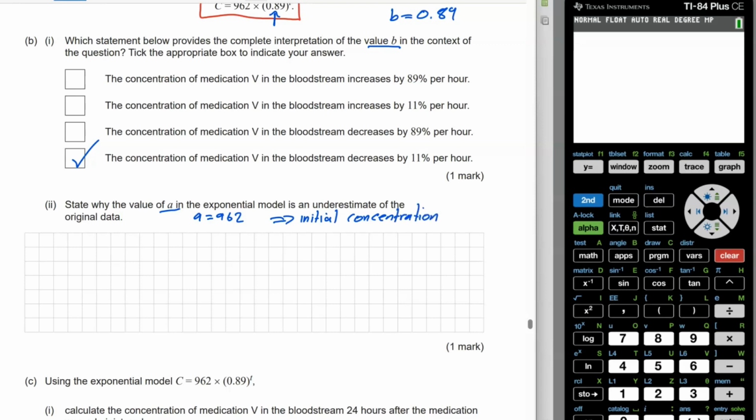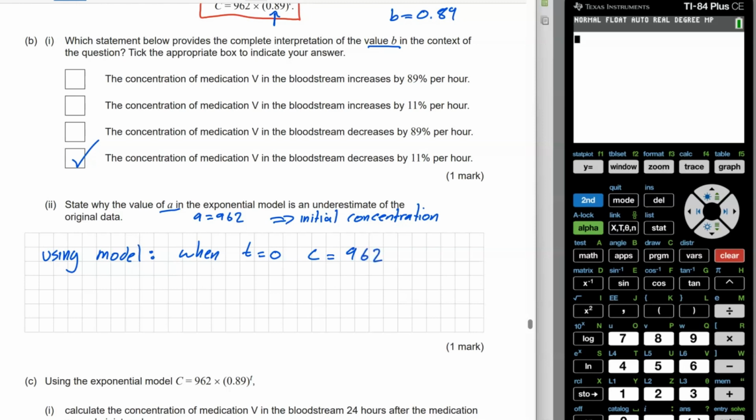So we're going to compare the 962 to the actual original data. Using the model, when t is equal to 0, C is 962.